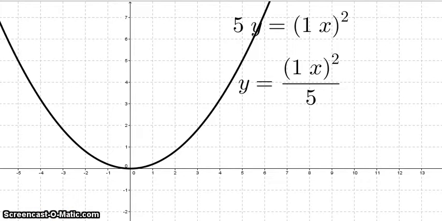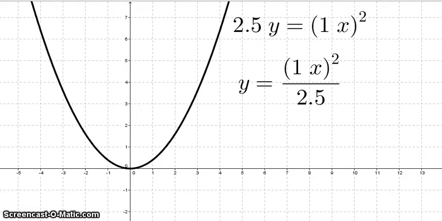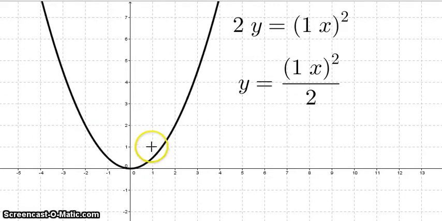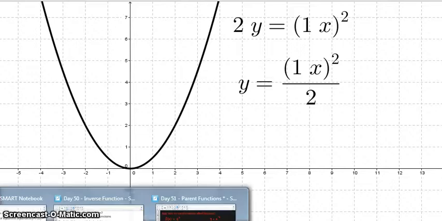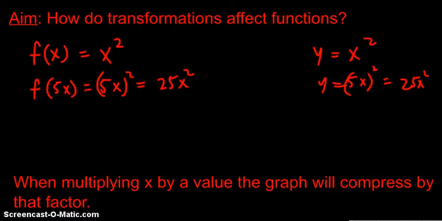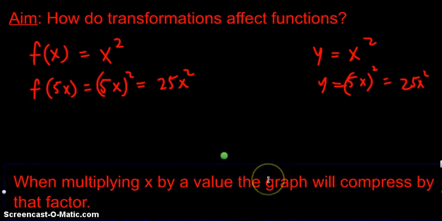Okay, so let's maybe put that in our notes. What did it do exactly? Let's multiply it by 2 so it's a bit more clear. So it compressed the y values. This was at 1, now it's at a half. So when we multiplied x by a value, the graph compressed by that factor in the x direction.